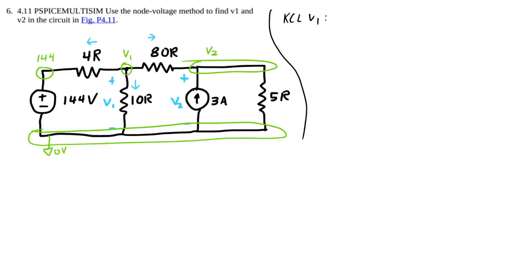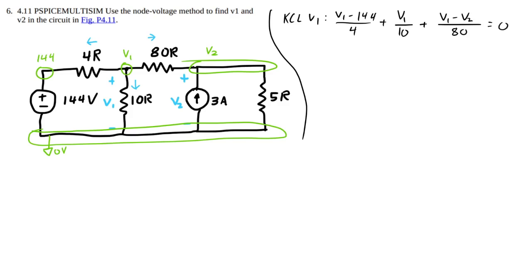So anyway, V1 minus 144 divided by 4 ohms plus V1 minus 0 over 10 plus V1 minus V2 over 80 equals 0.